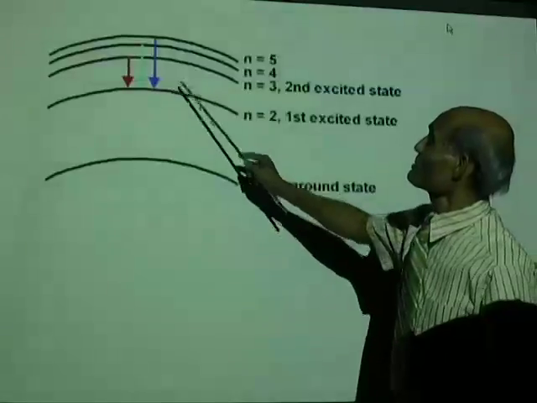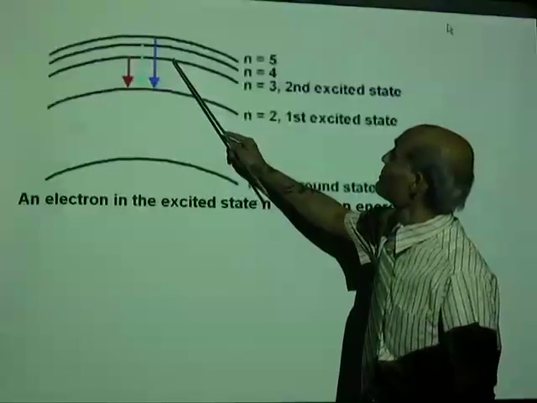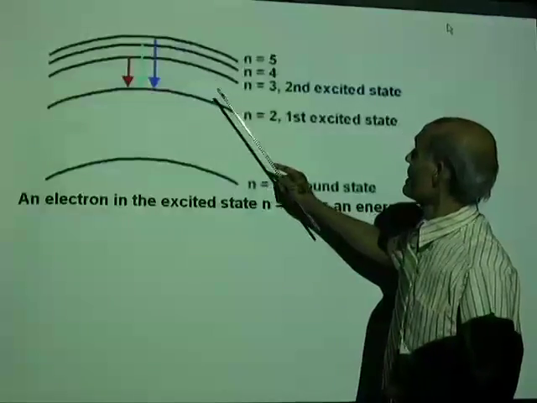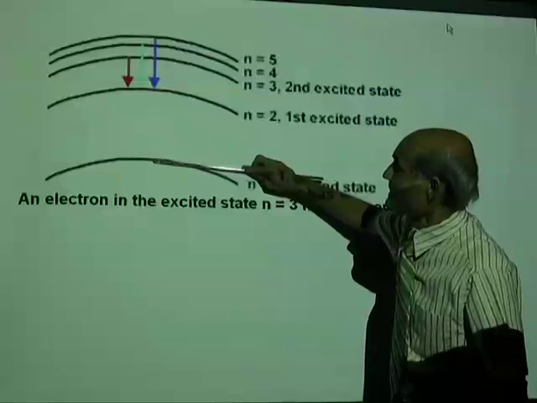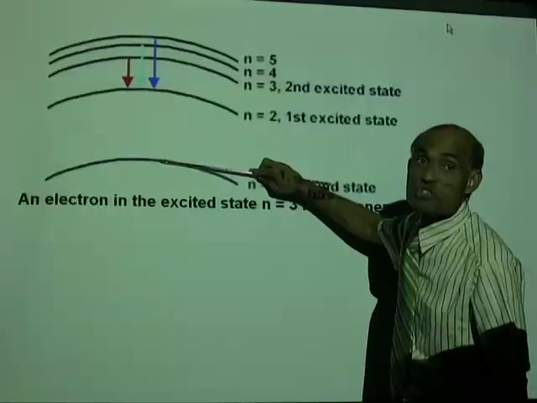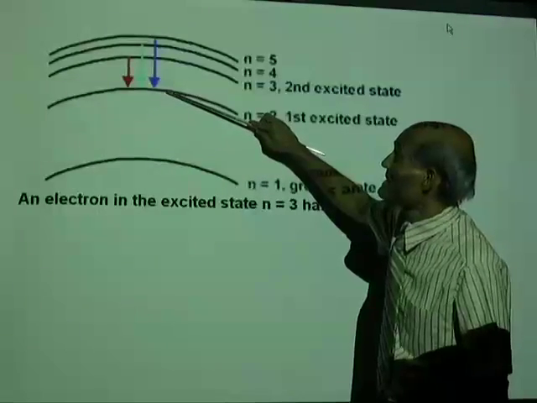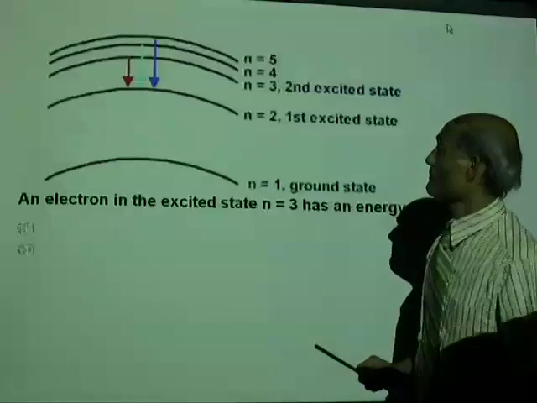Now, look at this one here. An electron in the excited state n equal to 3 has an energy E3. Here, the electron has the energy E1. In the second state, it has an energy E2, then E3, and so on.